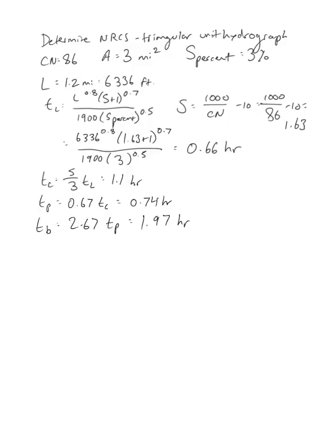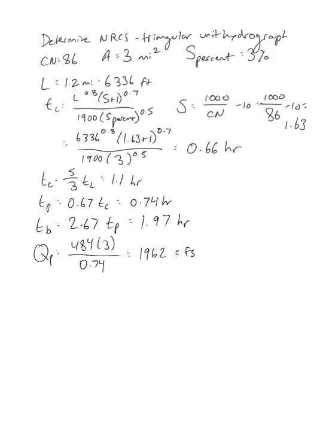And then finally, Q sub P is 484 times the area, 3 square miles, divided by T sub P, which is 0.74. And that's equal to 1962 CFS.